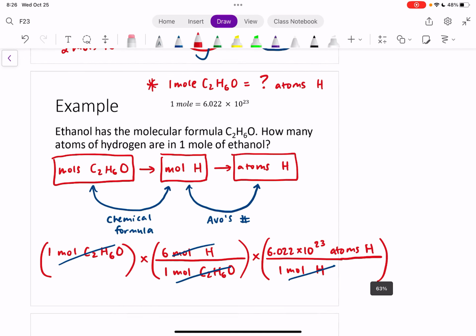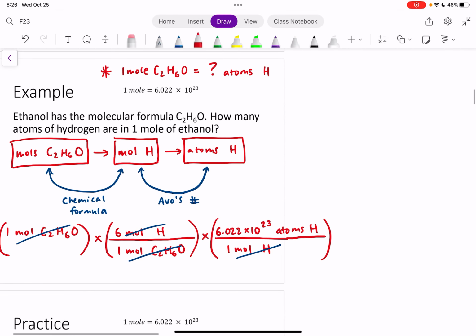And now, remember, the top right of your conversion problem is always what you are left with. And that was our goal.